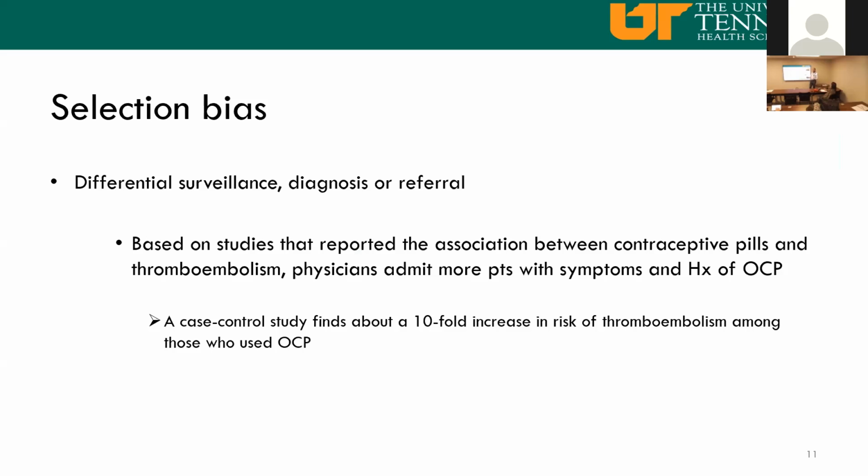And if you conduct your study among those patients and you are looking at the association between OCP and thromboembolism, there is already a selection bias based on the previous studies.